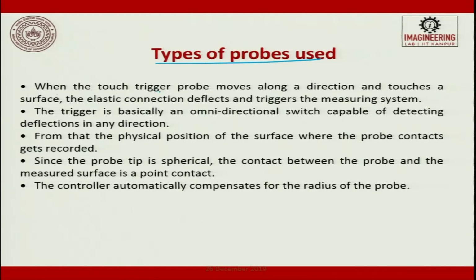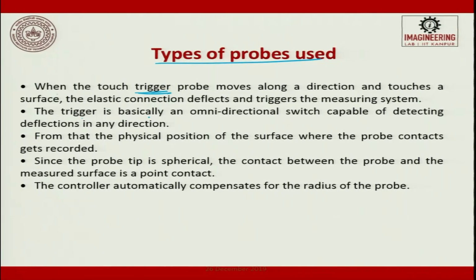When the touch trigger probe moves along a direction and touches a surface, an elastic connection deflects and triggers the measurement system. The moment I touch the surface, the probe equilibrium position is disturbed. Now, the disturbed position is recorded and that becomes your XYZ coordinates.